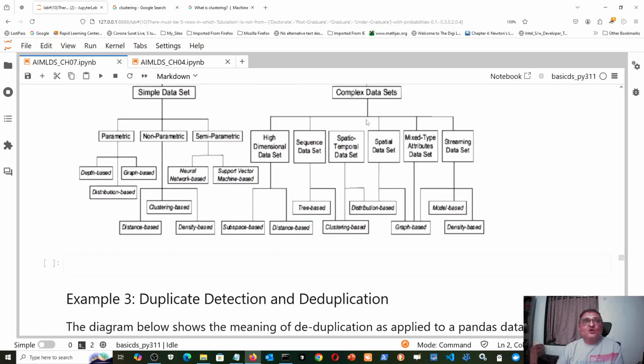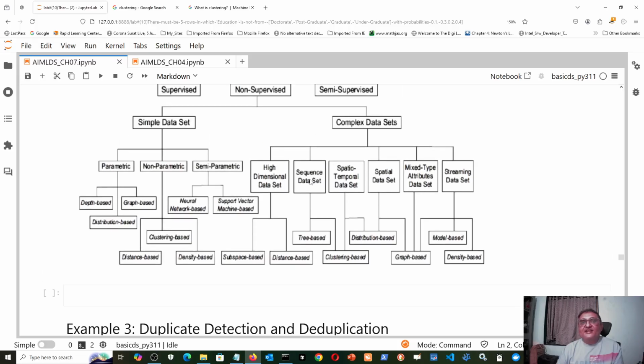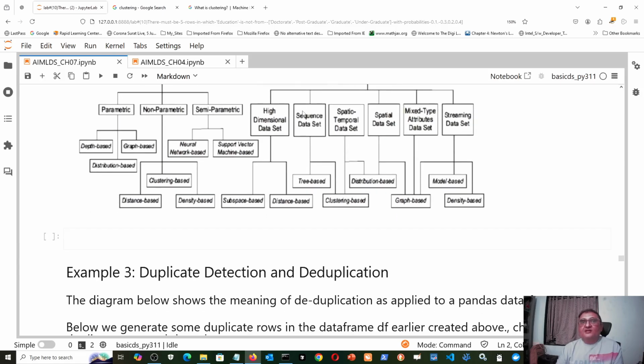If the data set is a complex data set, then see if it is high dimensional, meaning there are several rows. If it is a sequence data set, for example, time series like data where the dates are in sequence, for example, the price of a particular stock for the last 1 month with every day's price there, so the dates will be exactly at an interval of 1 day, that is 24 hours.